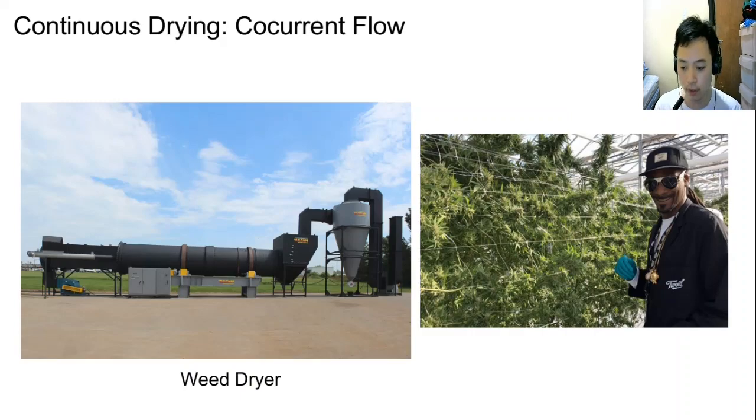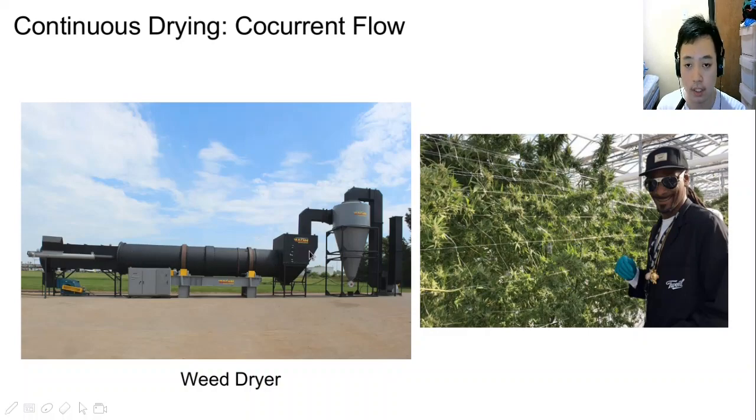Next is co-current flow. I don't have any animations or pictures of co-current flow, but this is an example of co-current flow. This is a cannabis dryer, marijuana dryer. So the products come from this part to this part, so left to right, and the hot air blows from left to right.